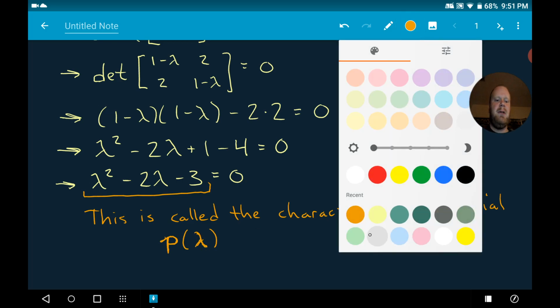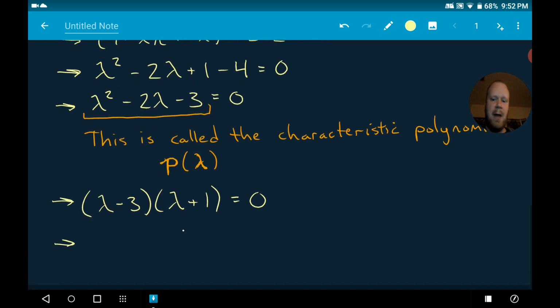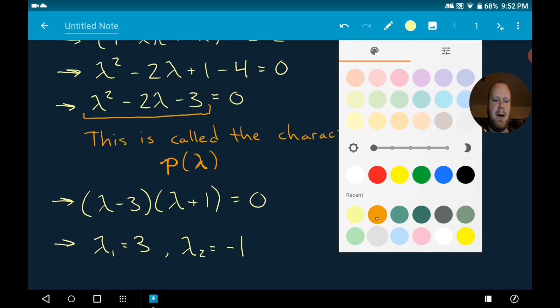Okay, so let's solve it. I can do this one in my head. If I multiply -3 times +1, I get this. So that means that my lambda 1 is going to be equal to +3, and my lambda 2 is going to be equal to -1, and these are our eigenvalues.